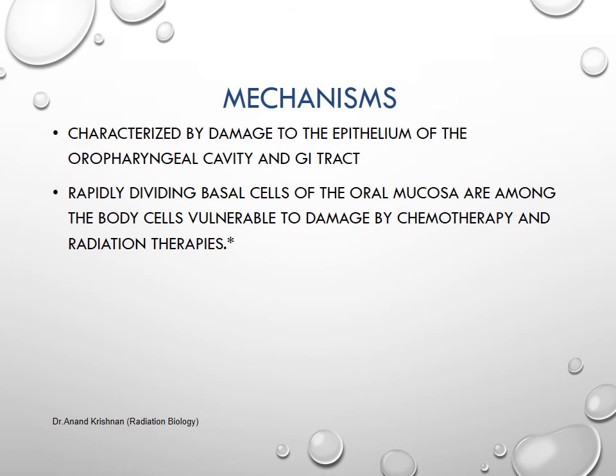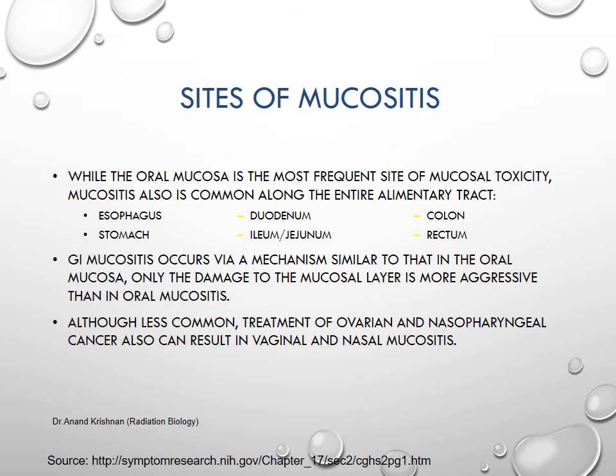The mechanism of this ulcer formation, or the mucositis, is due to rapidly dividing basal cells of the oral mucosa, among the body cells vulnerable to damage by chemotherapy and radiation therapies. Sites of mucositis: it can occur in the esophagus, stomach, duodenum, jejunum, ileum, colon and the rectum, anywhere within the gastrointestinal mucosa, starting from the oral cavity through to the end.